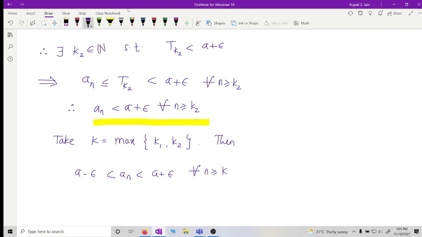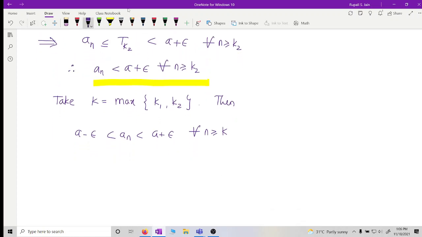So what does this imply? Modulus of a_n minus A is less than epsilon for all n greater than or equal to k.